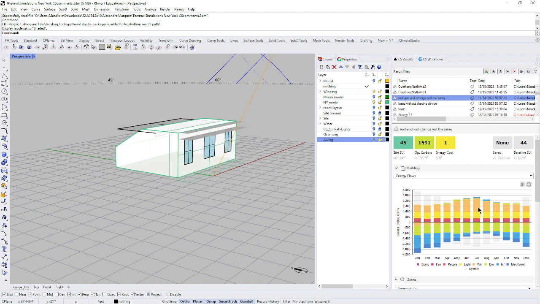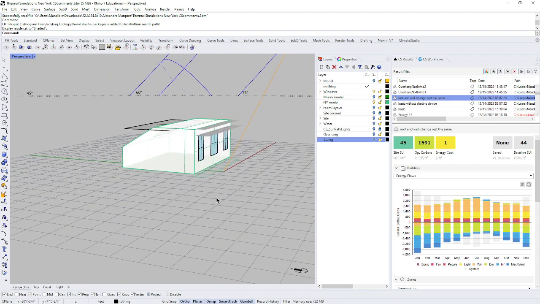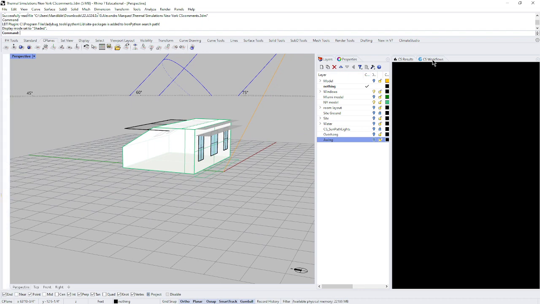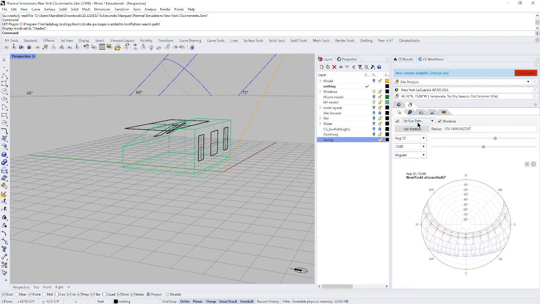I think you've already played with that a little bit. So what I did was go back and look at the solar study.